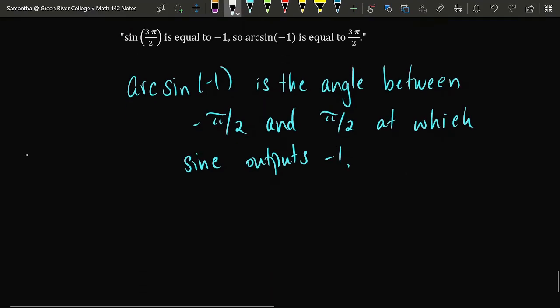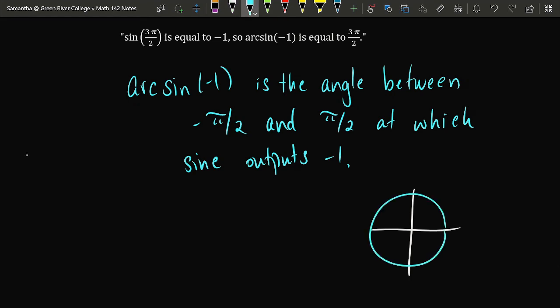Now, although 3 pi over 2 is certainly an angle where sine outputs -1, the size of the angle is not a match to the range of the outputs of inverse sine. 3 pi over 2 is too big, it's larger than pi over 2.